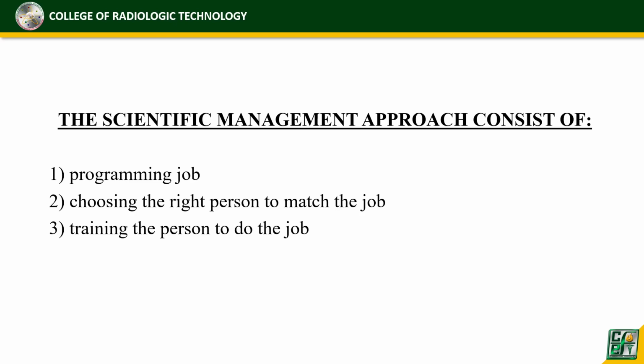So kung i-apply natin yan doon sa example natin kanina sa Industrial Revolution, doon sa 75 na workers, pipili lang siya ng 10 na mag-ooperate ng machine. The rest, tatanggalin niya na yung 10, bibigyan niya ng training para mag-operate ng machine. So yun yung scientific management approach.